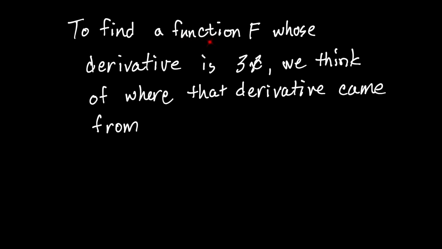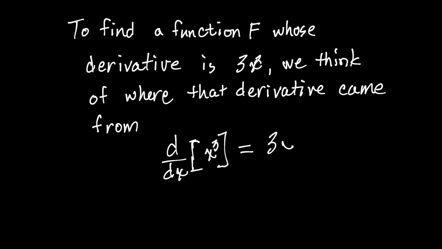To find a function F, this is big F, whose derivative is 3x squared, we think of where that derivative came from. So if I took the derivative with respect to x of the function x cubed, we know by now that this would equal 3x squared just by using a simple power rule.